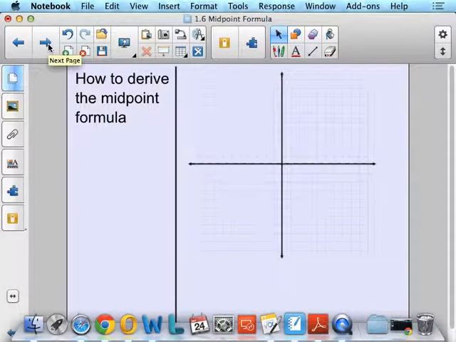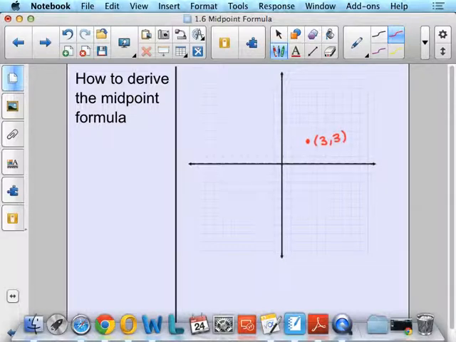Okay, so first thing we're going to go over is how to derive the midpoint formula, or basically where the midpoint formula came from. On my coordinate plane, I'm going to start by graphing 2 points. I'm going to graph point (3, 3), and I'm also going to graph point (-3, -3).